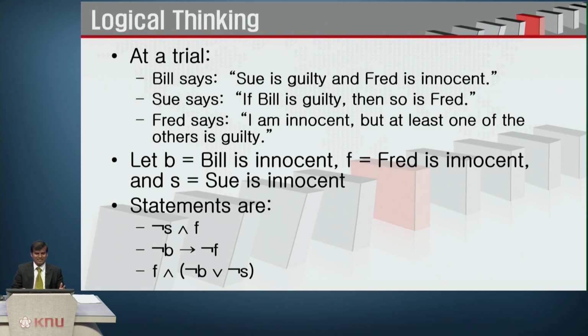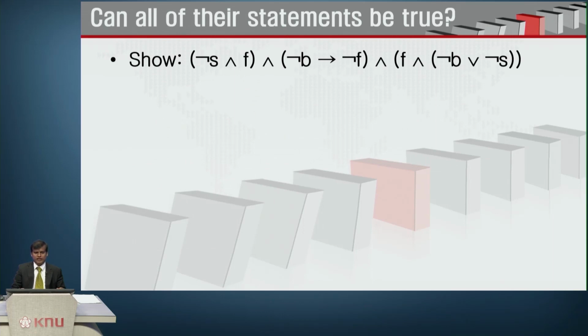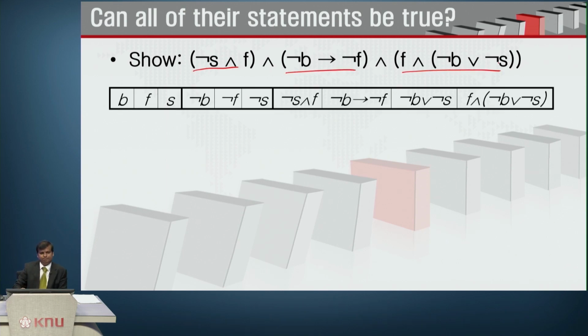If you look back at the statements, you can check, can all be true? So let's try to show what is happening. If we are adding up all the statements, you are having an AND value, as you can see. The three statements given by those three are here, and you have an AND operation between them.